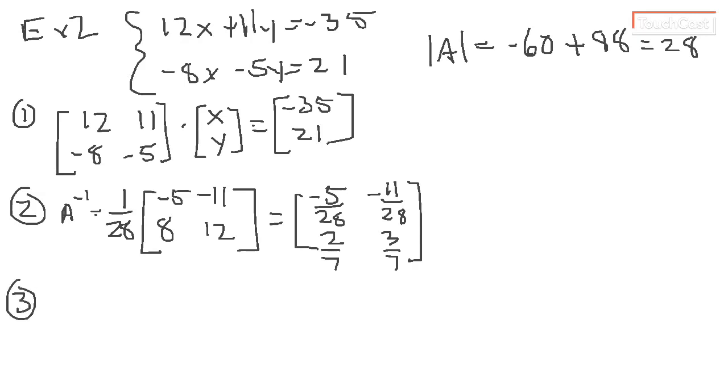Now we can find A inverse times B. So we're going to take that inverse matrix, which I'm not going to rewrite again. I'm just going to put my B next to it. So negative 35 and 21. And now we're going to multiply.